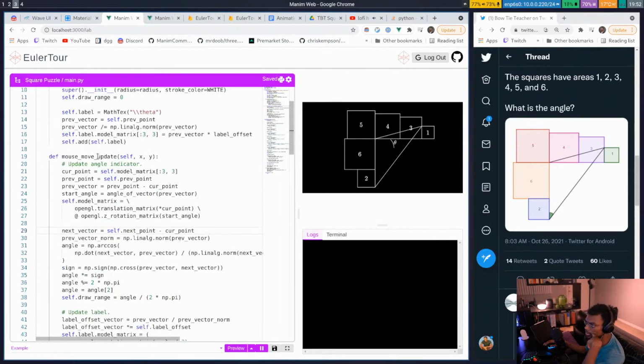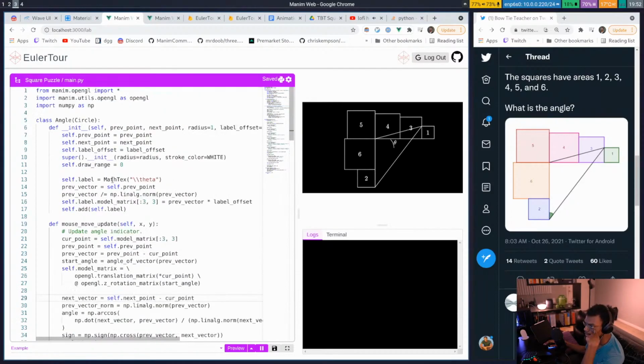So now it's like, how should this update? What does it compute pre-vector here? Pre-vector times the label offset? Oh, just to move the... wait, what?